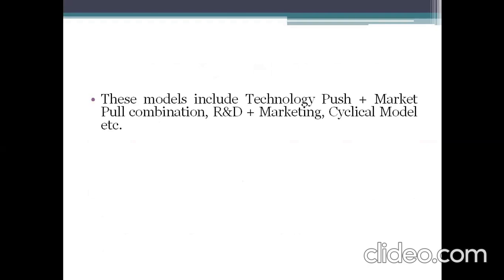This model includes, and I am not talking about a hierarchy, these are not steps to be followed, but they are the inclusions which have to be considered while talking about the flexible innovation model.